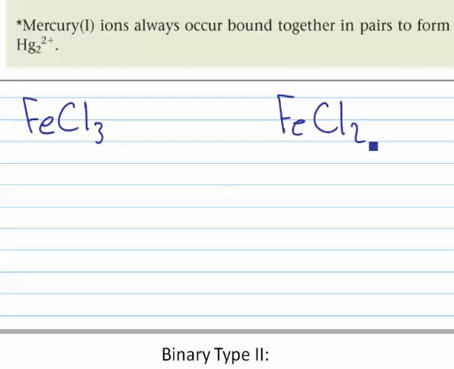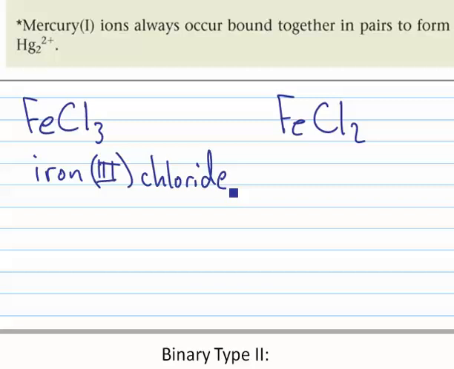So the first one, we would determine that the charge on that iron is +3 because there are 3 chlorides. Remember, chloride always has a -1 charge. And so we would name this in our systematic name, iron(III) chloride, whereas we would call FeCl2 iron(II) chloride.